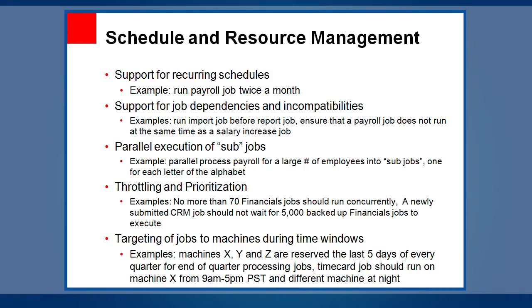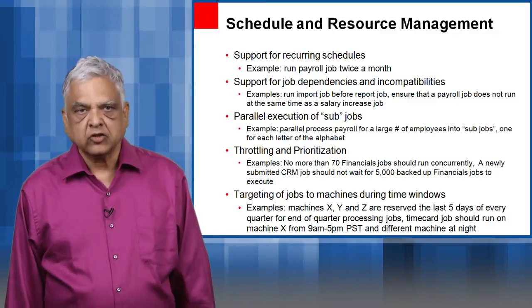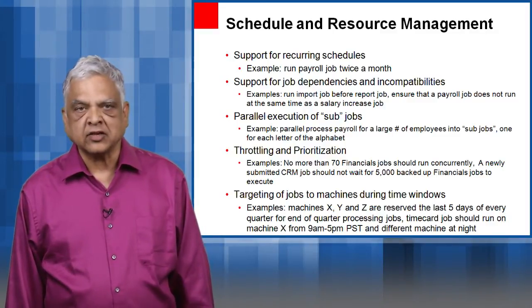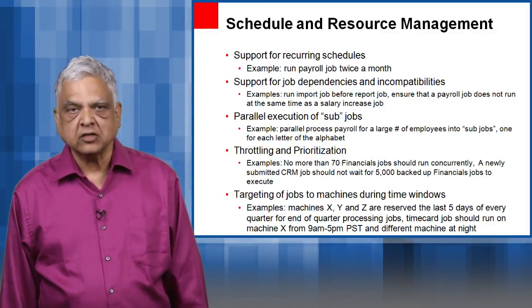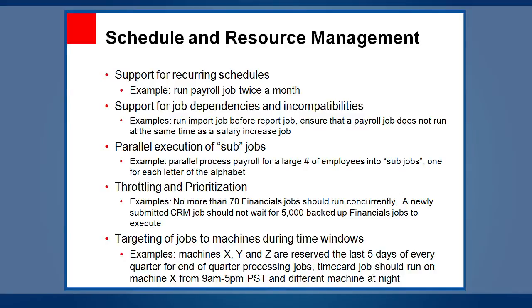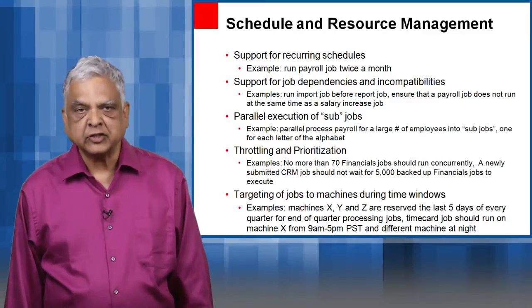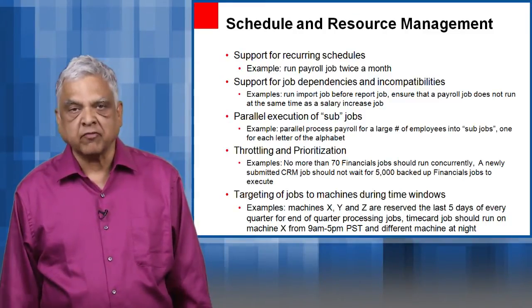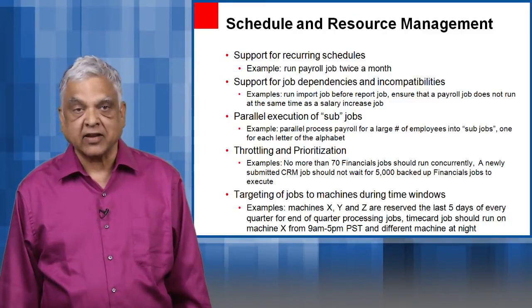You can have parallel execution of sub-jobs where you can define, for example, a large number of employees into sub-jobs, one for each letter of the alphabet. Throttling and prioritization is another use case for Enterprise Scheduler, where you don't want to have more than 50 financial jobs running at any point in time, and CRM jobs should not wait for 5,000 backed up financial jobs.